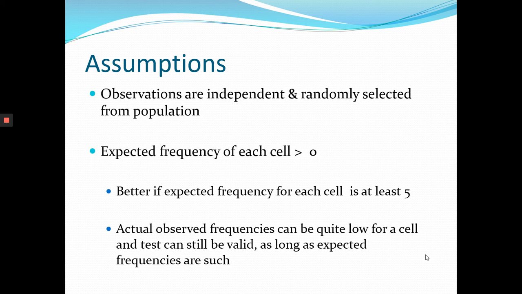It doesn't really matter. You could have one person. You could even have 0 people in a cell. It doesn't really matter as long as the expected frequencies are greater than 0, or preferably greater than 5 if possible. So it's not about the actual observations, it's about the expected observations.